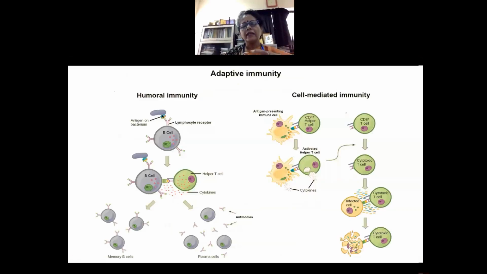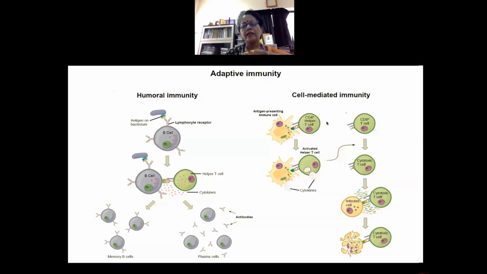Now, cell-mediated immunity, of which the T cells form a major component. Now, the T cells, if you look at it, are of different types. You have the T helper cells, you have the T suppressor cells, you have the T killer cells.